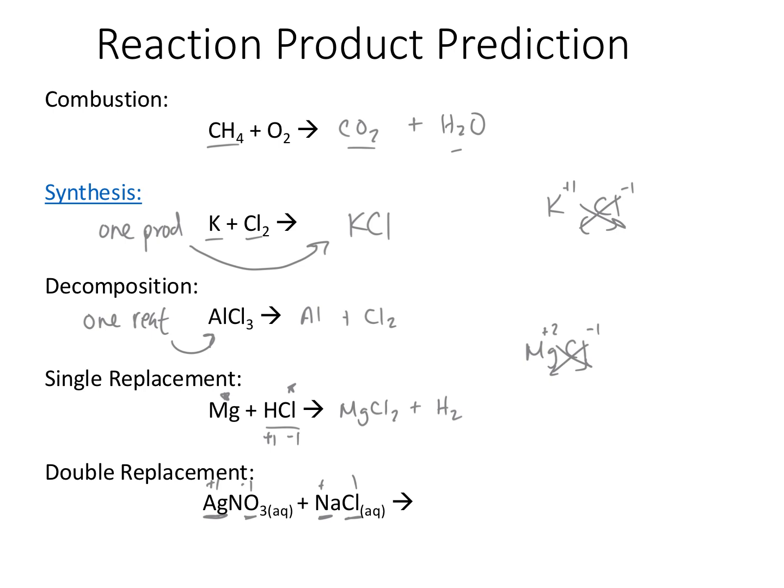So I'm going to get two new compounds. Ag +1 is going to come together with my Cl-. I cross that down, and I end up with AgCl. Then my Na +1 is going to come together with my NO3 -1. We cross those down, and we end up with NaNO3.